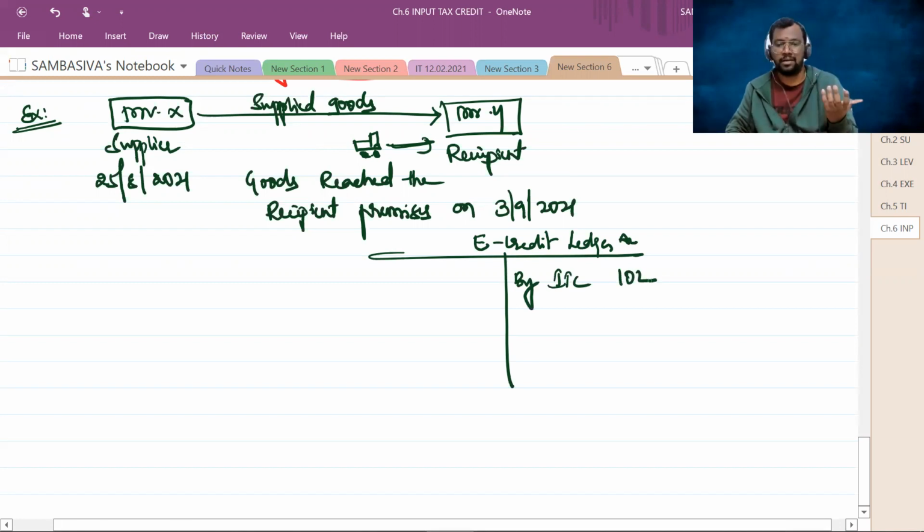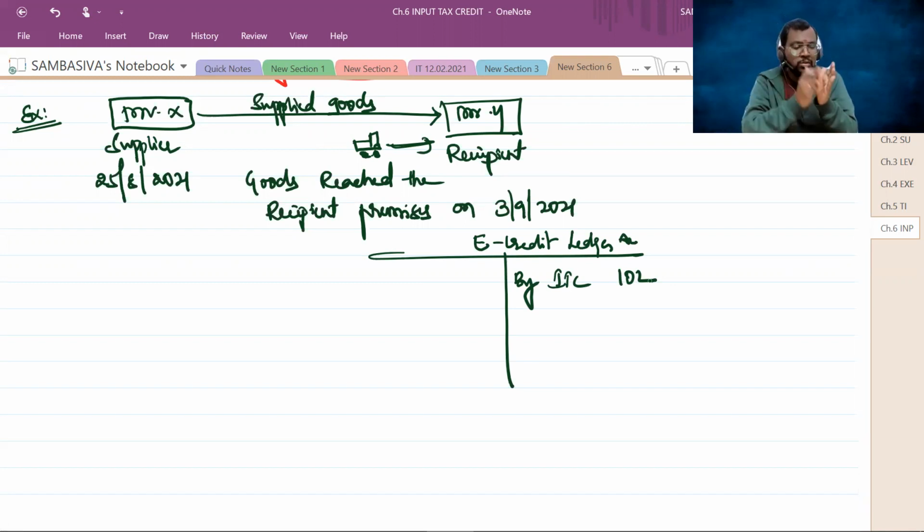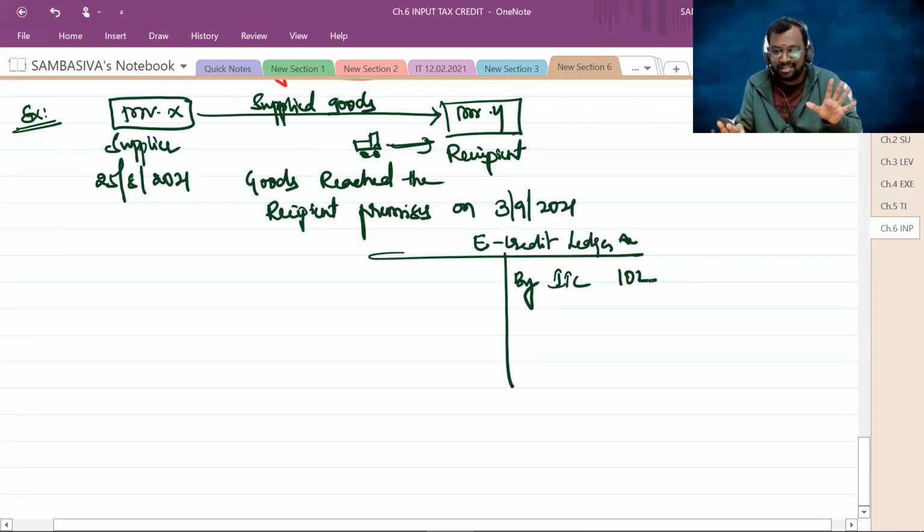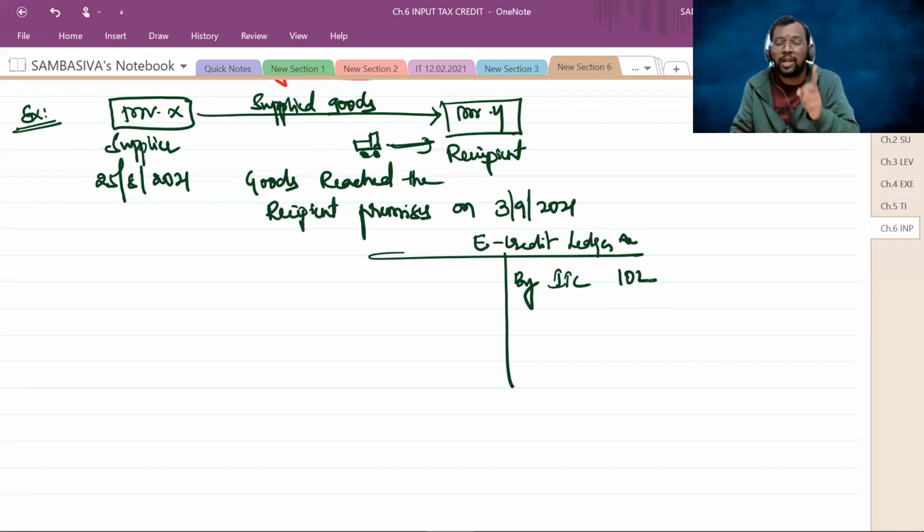You can observe that as and when the goods entered into the recipient's premises, immediately he can avail input tax credit. There is no discussion about the consideration. So irrespective of whether he paid the consideration immediately, or whether he is paying the supplier in installments, it doesn't matter. What ultimately matters is that the goods must have entered into the recipient's premises. So whether the recipient paid the consideration to the supplier or not doesn't matter.